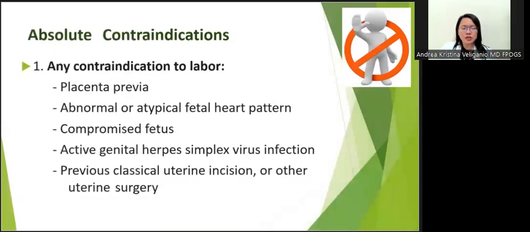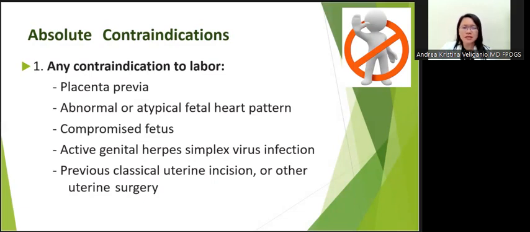Absolute contraindication, placenta previa. You cannot do manipulation. Abnormal fetal heartbeat, compromised fetus. There is active vaginal infection in the form of genital herpes. You cannot deliver vaginally.